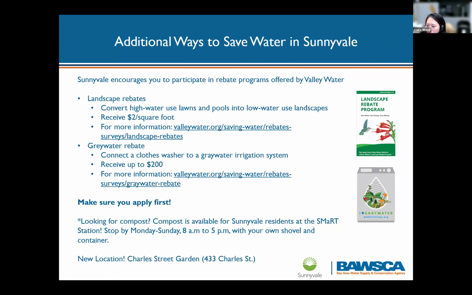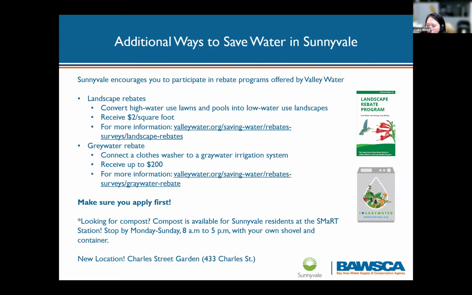wet. Also, with the same application, you can apply for efficient irrigation equipment, including inline drip irrigation, smart irrigation controllers, and rain sensors so your system only turns on when your plants need it to.